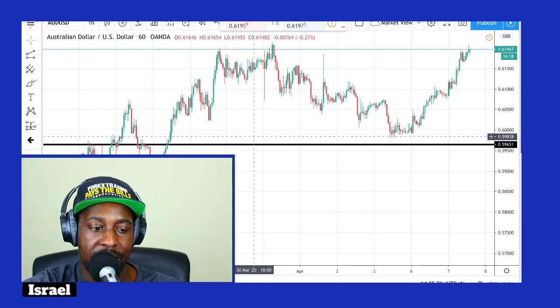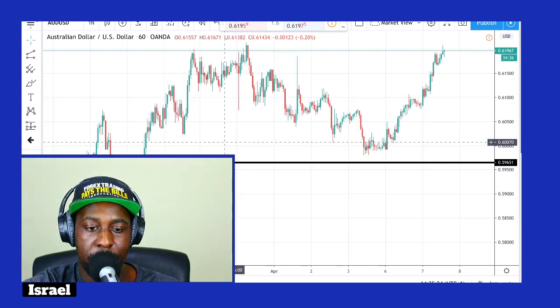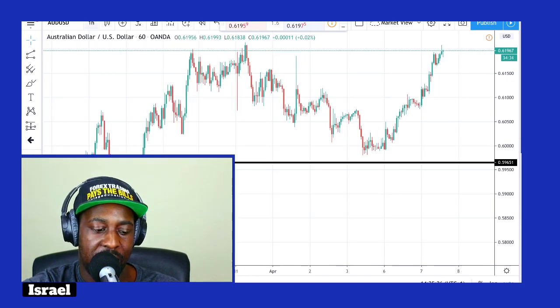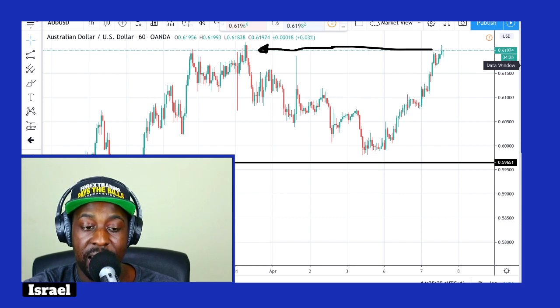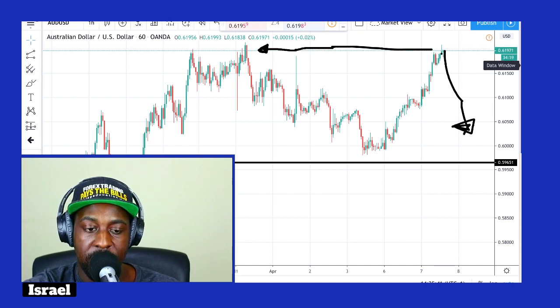So we highlighted this. You can see it here anyway. This area right here, it's a 1 hour view going back to the end of last month, is really significant. If price decides not to do this, then it may be that price does want to go.